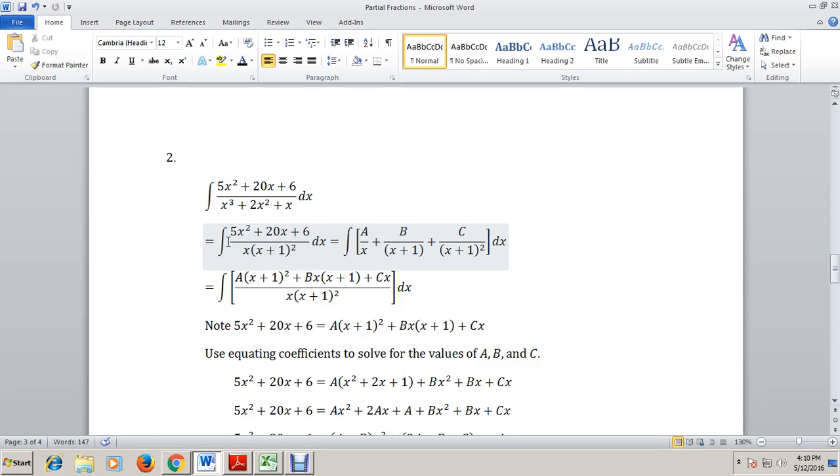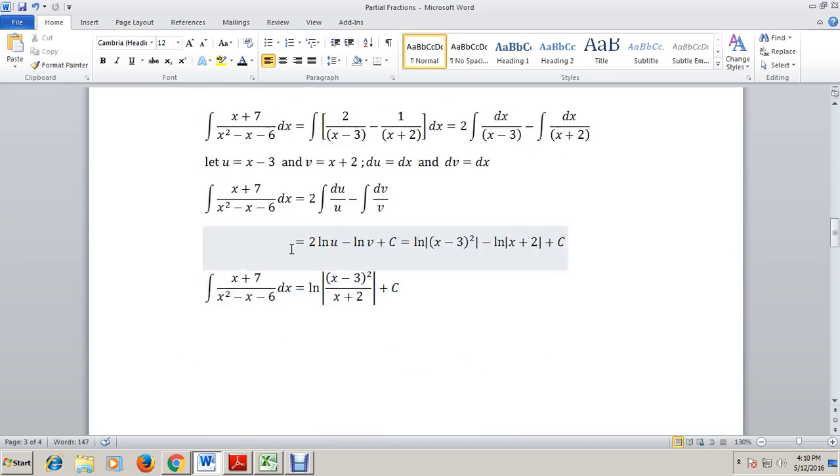Okay, so I hope that you got the whole idea here. Now before we proceed, let us go back to example number 1 and try to compare the given integrand in example number 2 with that of example number 1. Remember our linear factors for example number 2, we have x plus 1 squared.